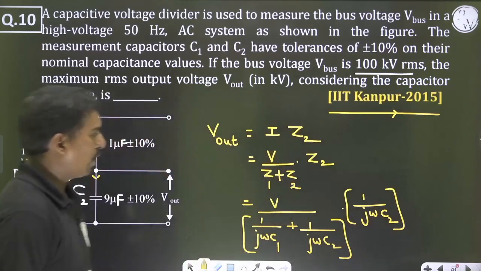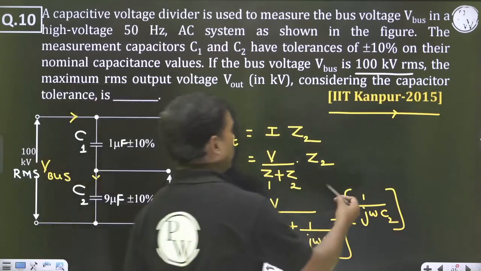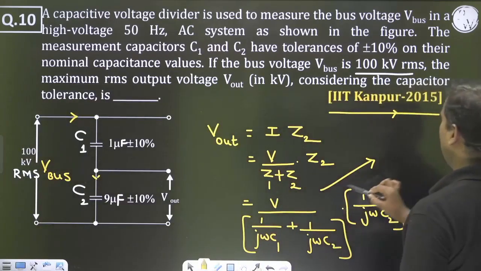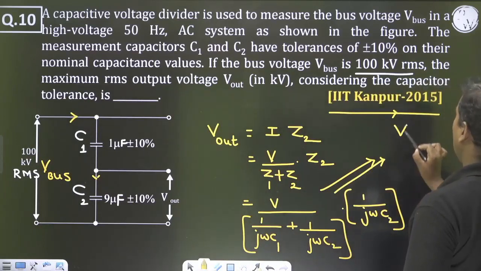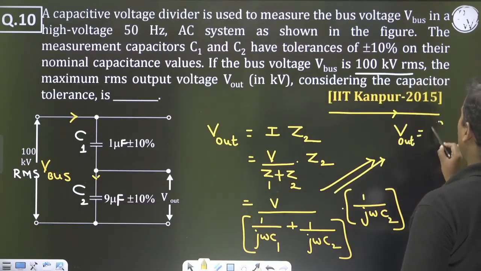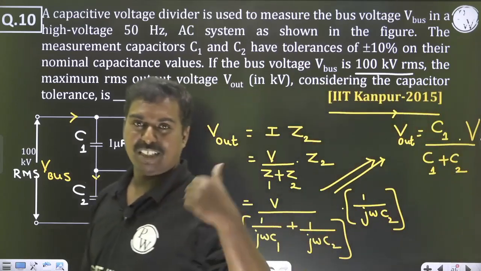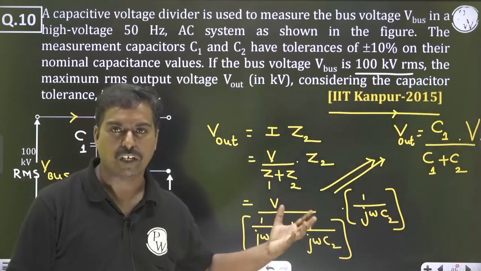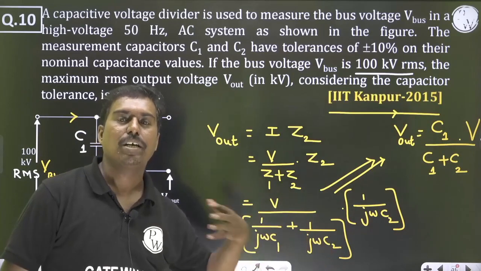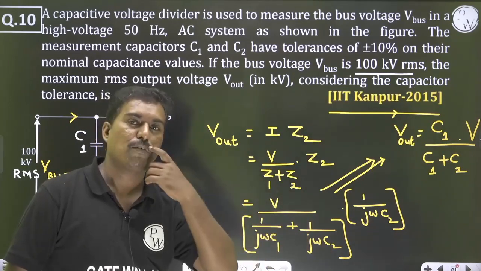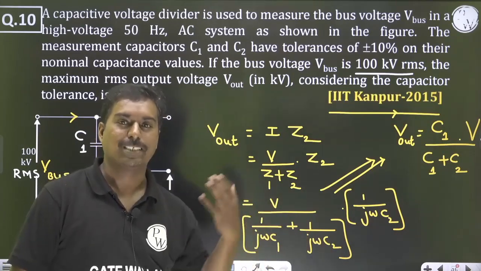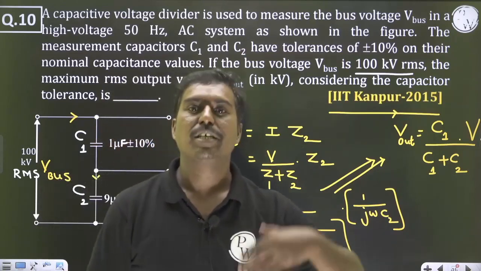If you go for further simplification, the V out will be the opposite capacitance C1 by the total capacitance C1 plus C2, into supply. That's the derivation. That is a fundamental thing, the voltage division rule for capacitors. The same thing applies for resistors, that resistance by the total resistance.